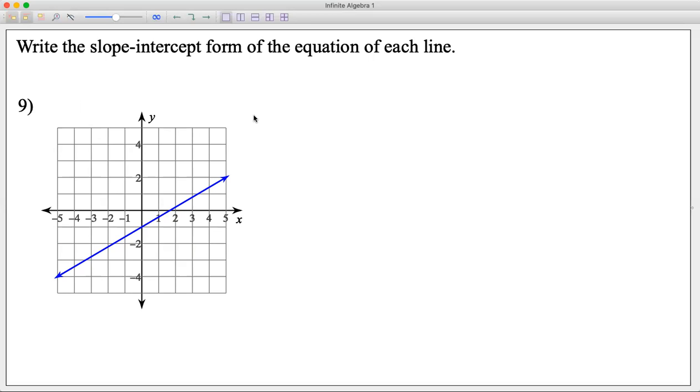The other number we need is B. What have I been calling B? If M is the slope, B is the, what's the name of the formula? Slope. So if M is slope, B is what kind of intercept? X or Y? And here's Y. Where's the line cross the Y-axis? That's your B.